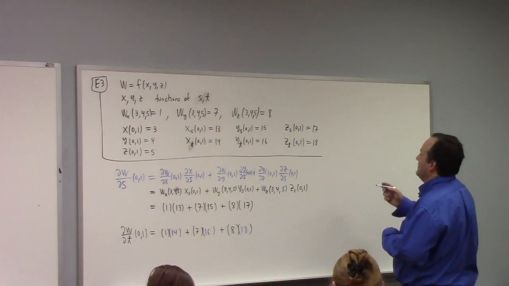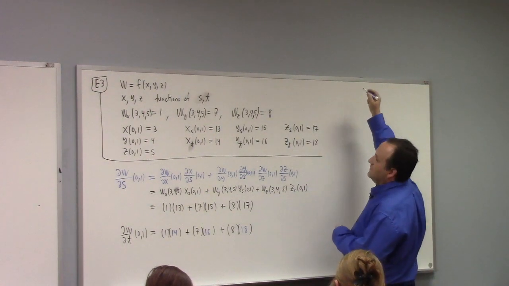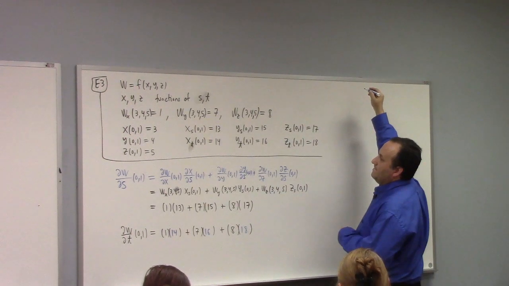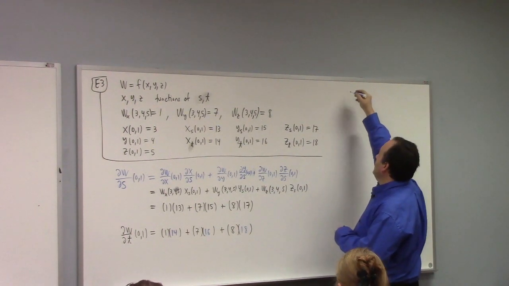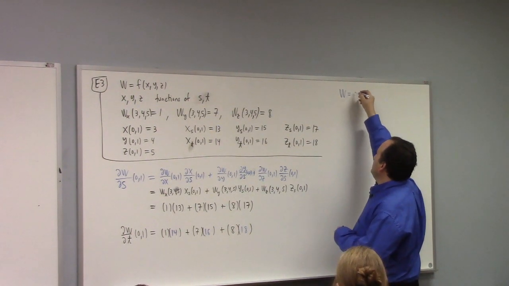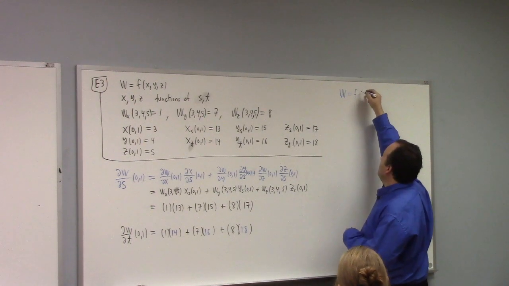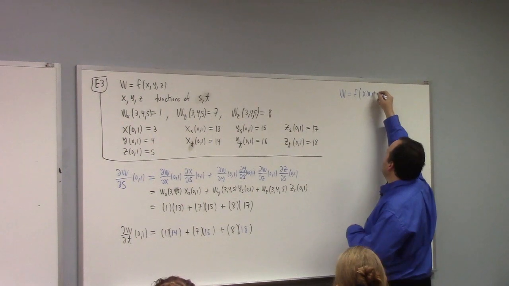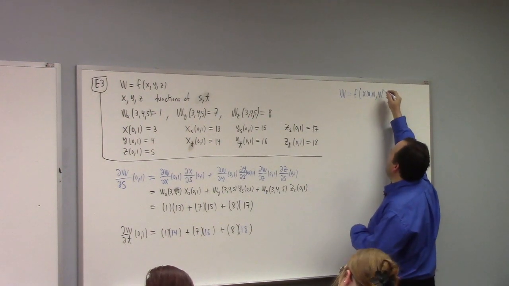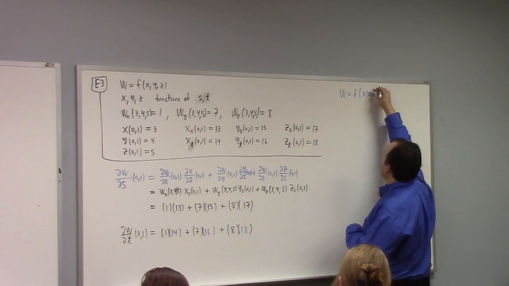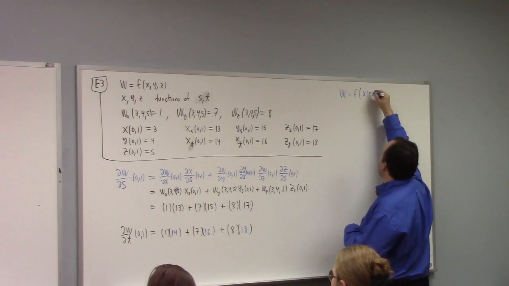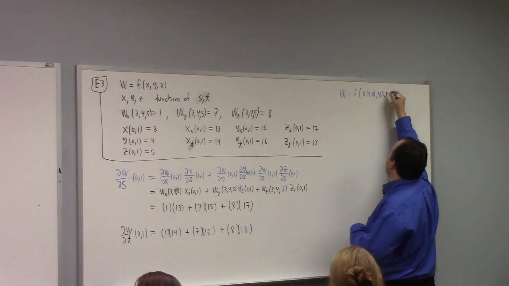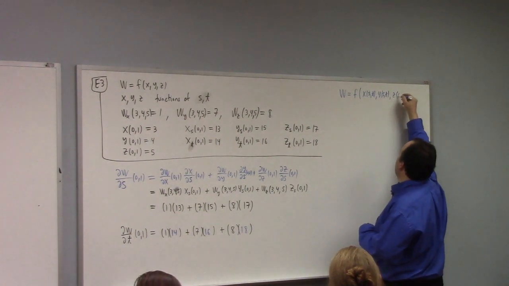Let me make some comments here. What's the composition we're looking at? W is equal to F of x of s, t, y of s, t, z of s, t.